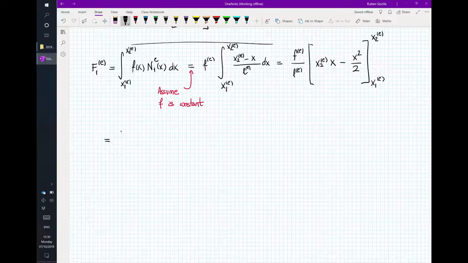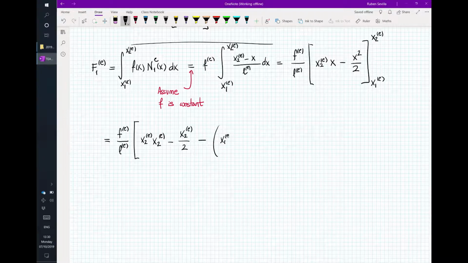And now it's a matter of rearranging things, just to make it look a bit pretty, nothing else. So that is the function that we have evaluated at the top, which is x2, minus the same function, x2 first, evaluated at the bottom.